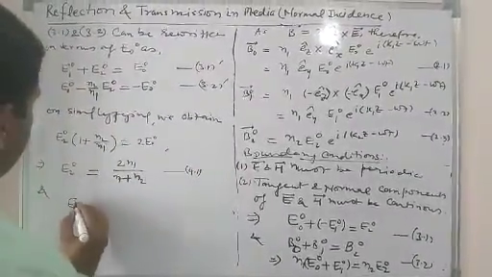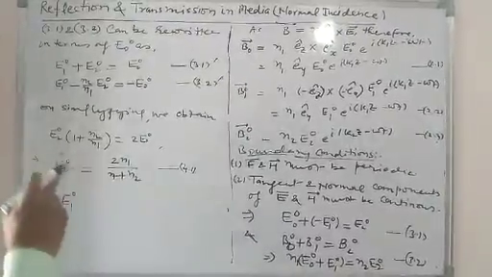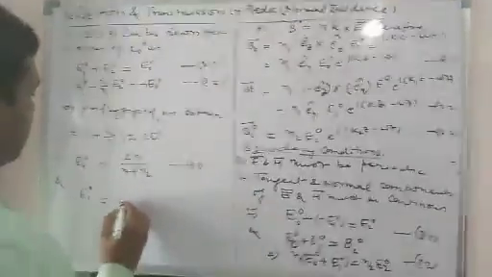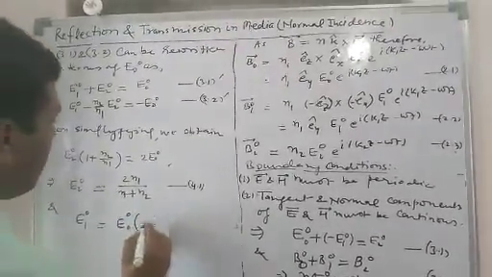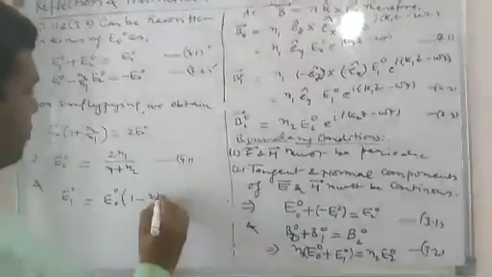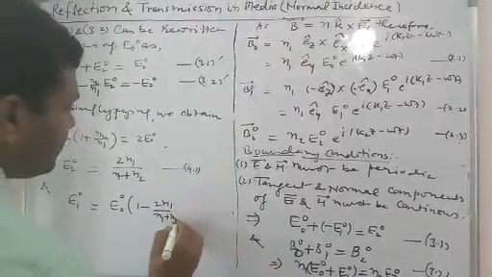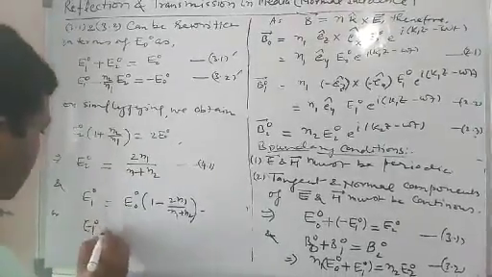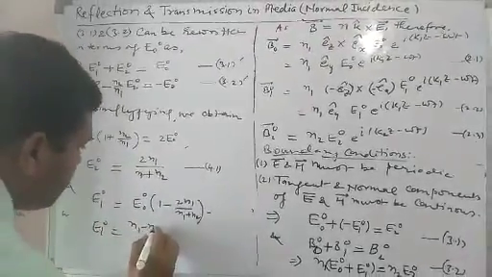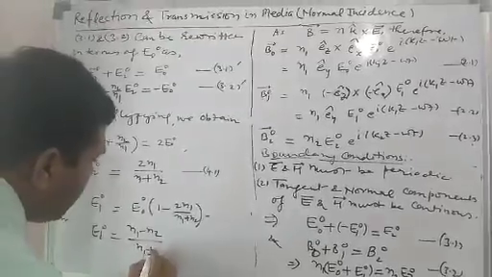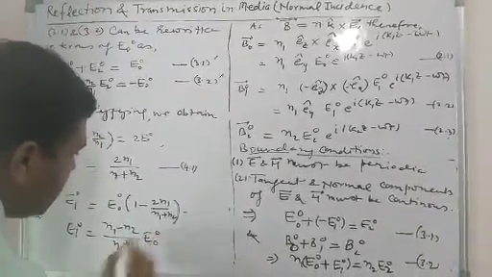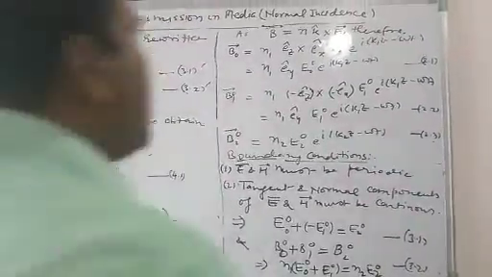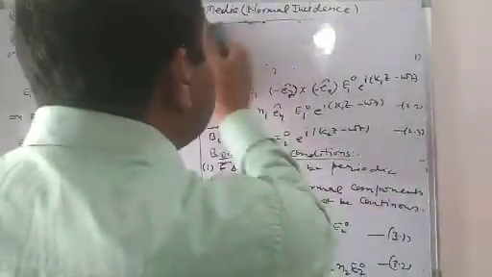And if I just put this value into, say for example, this equation, E1 naught is going to be E naught naught times (1 minus 2n1 upon n1 plus n2), which is basically E1 naught equal to (n1 minus n2) upon (n1 plus n2) E naught naught. So this is 4.2. Now let's see what happens to the pointing vector.